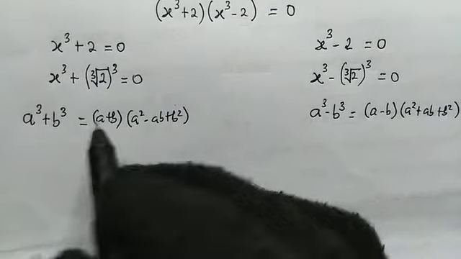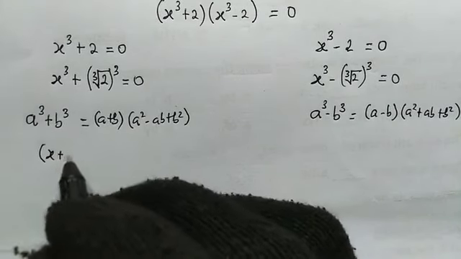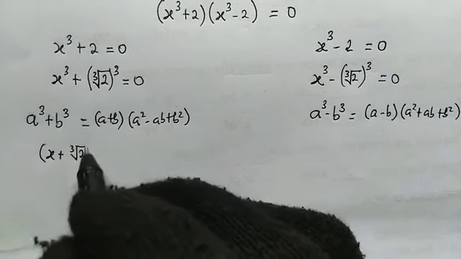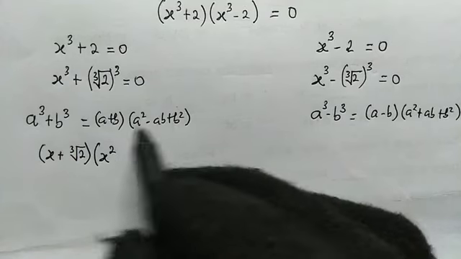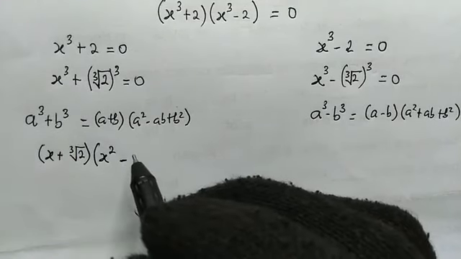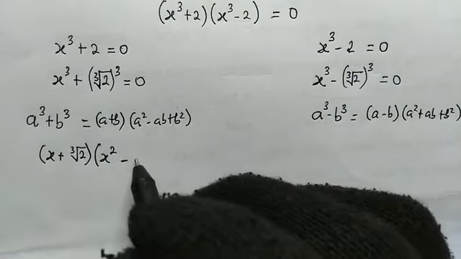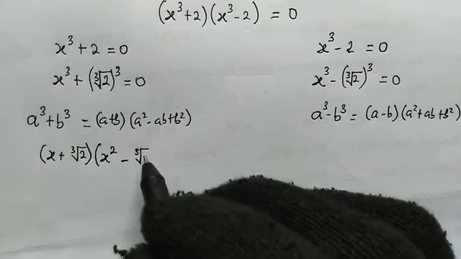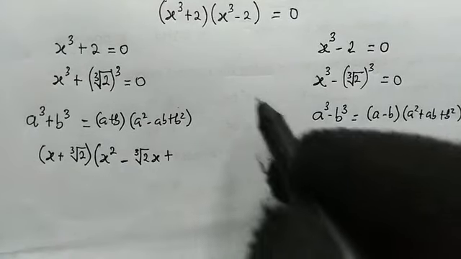Okay, so from here we're going to have x plus the cube root of 2, then multiply by x squared minus, according to this, the cube root of 2 times x, plus the cube root of 2 squared.